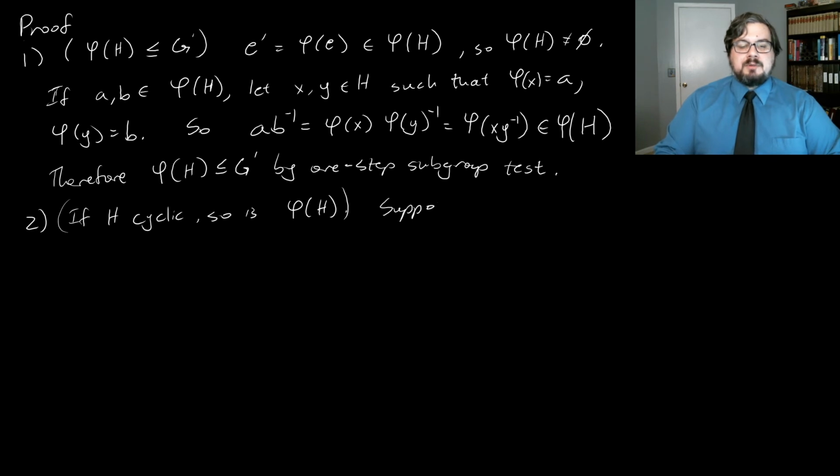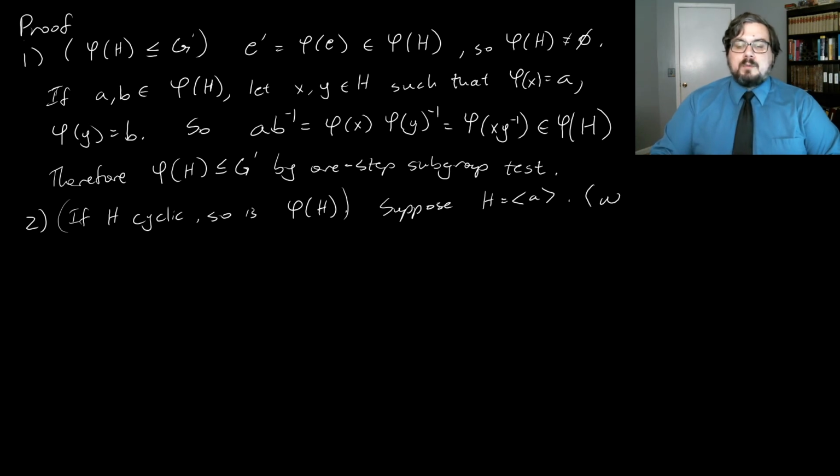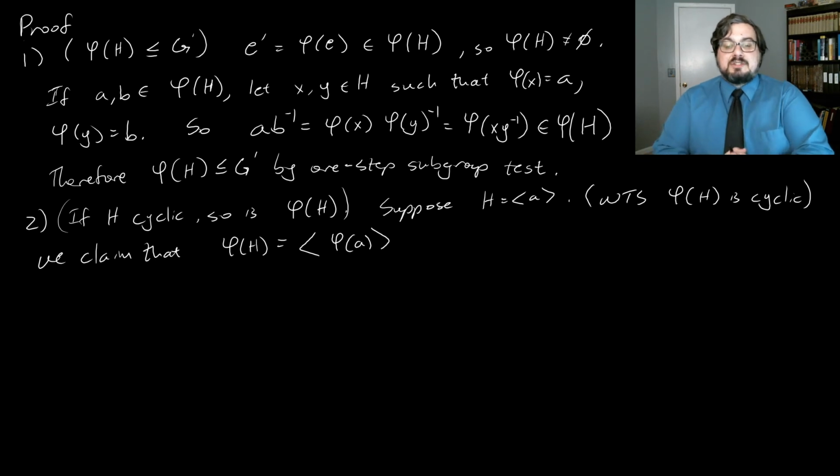So let's suppose that H is equal to the cyclic subgroup generated by A. So let's suppose H is cyclic. And so now we want to show that phi of H is cyclic. We claim that phi of H is the subgroup generated by phi of A. That's the natural thing to choose.